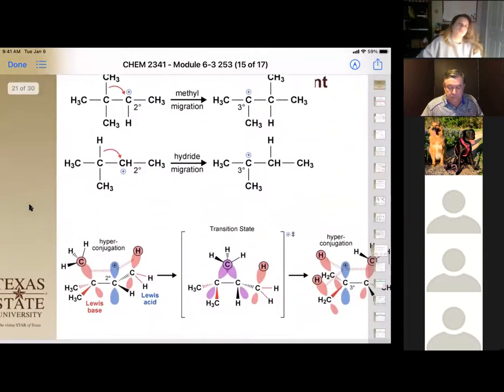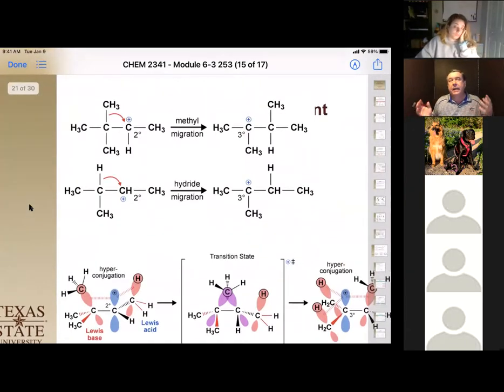Okay. So if it takes energy to form that carbocation, and everything's trying to minimize the amount of energy it takes, we have an issue if we have a secondary carbocation. It's not as stable as a tertiary carbocation.